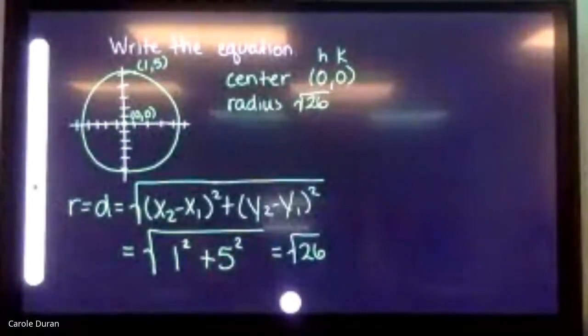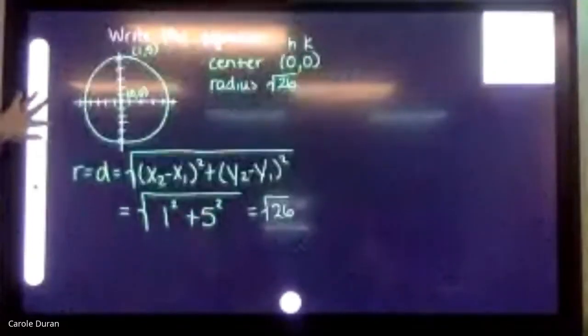Did anybody not get that? Are we doing okay so far? On your own, please write the equation for the circle, if you haven't already.